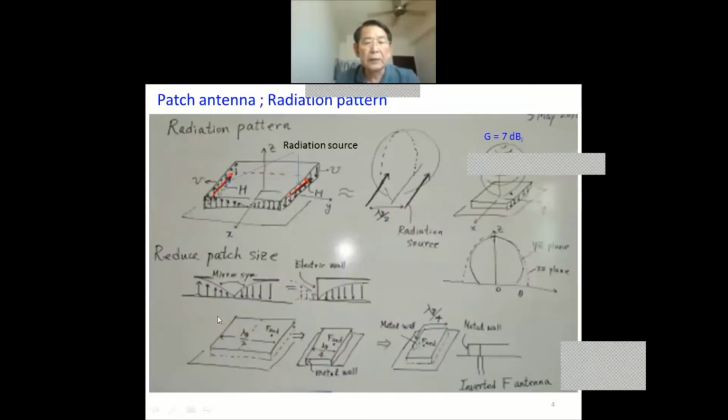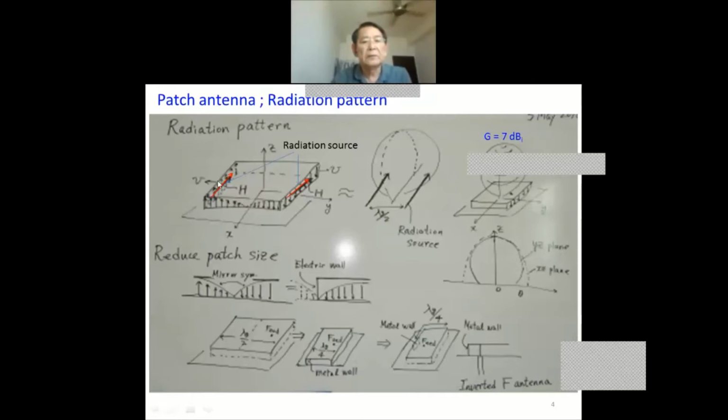So this side and the opposite side. This red line shows the H field. So the electric field is this down and this side up.